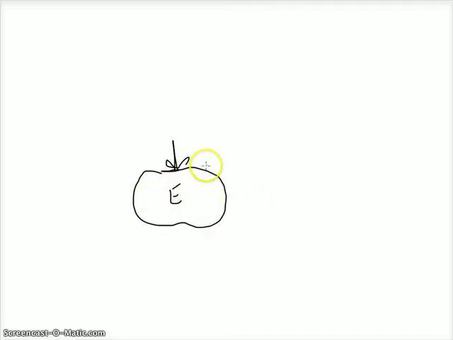And where does energy come from? Nothing but food, nutrients. And so energy comes from nutrients. Certain nutrients are used as fuel for cellular respiration. And cellular respiration is a process during which some of the energy stored in nutrients is released for use by cells.